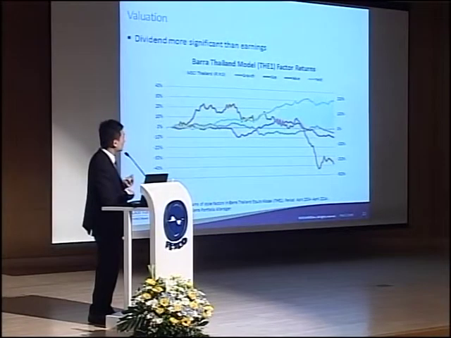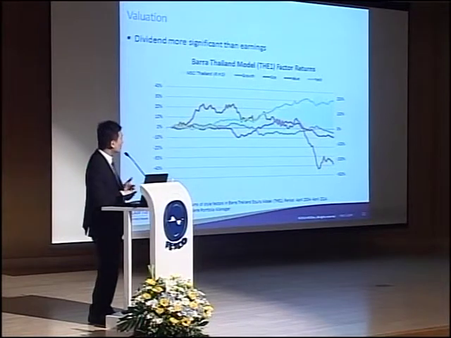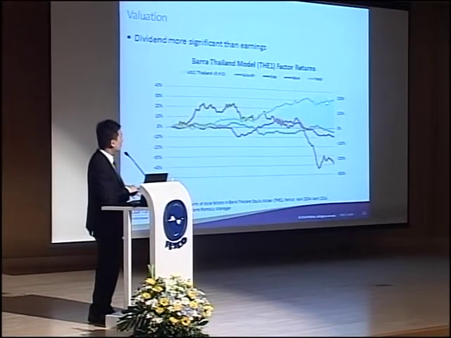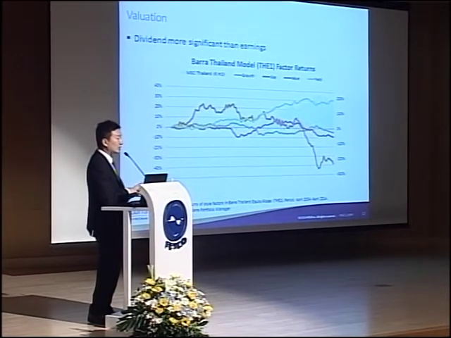Now contrast that with valuation on a different metric, which is price to book and price to sales. That's represented in the pink. So what I'm saying is that, first of all, the yield factor has been a fairly strong performer, meaning dividend yield and earnings yield combined as a factor.